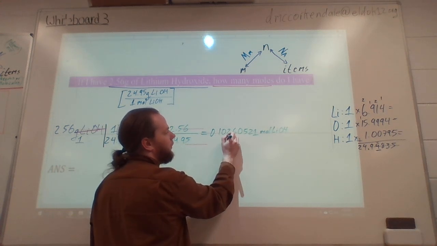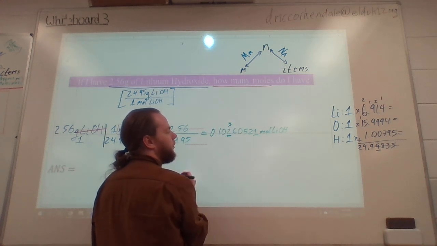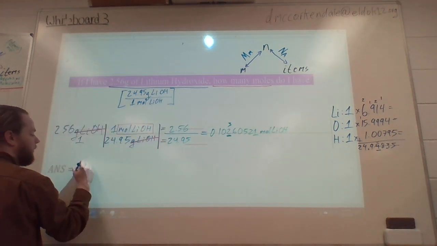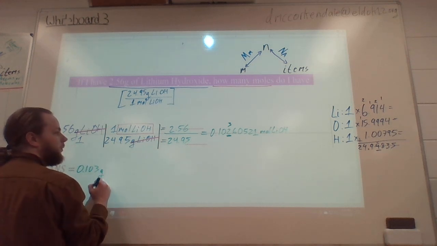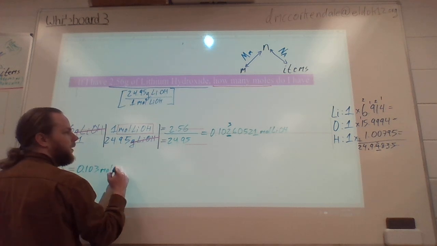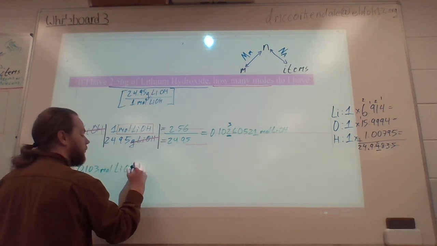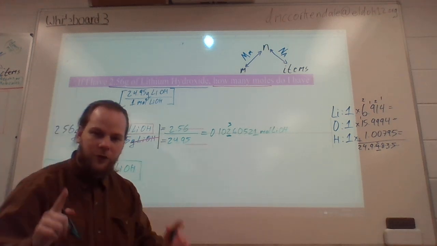So we are going to stop here. The 6 here is going to make that 2 become a 3. So our final answer is 0.103 grams, no, not grams, what am I doing? Moles of lithium hydroxide. And that is the answer for question 2.